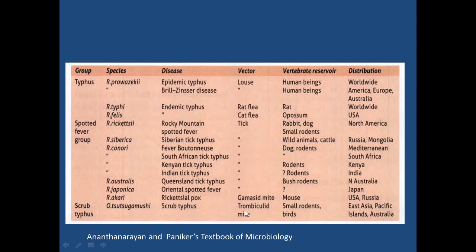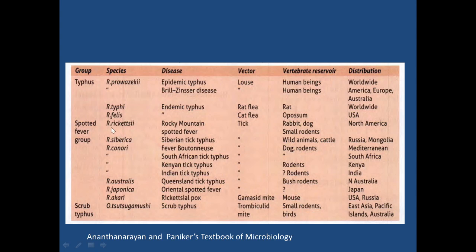Another important rickettsia is Rickettsia conorii. It causes Indian tick typhus, and it is spread by ticks found on rodents. These mites are found on rodents as well as on dogs.